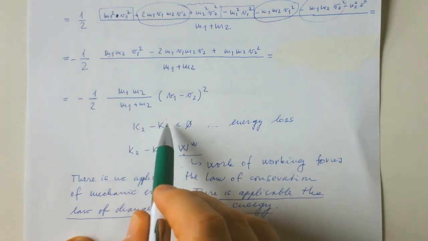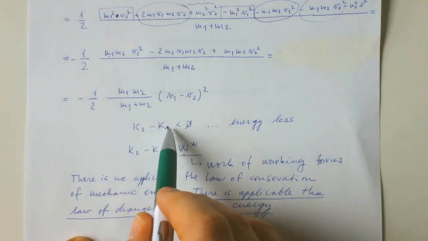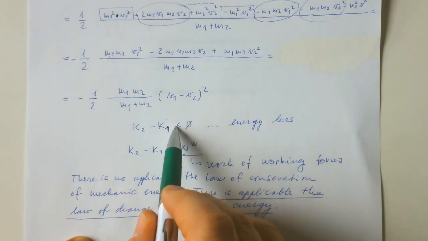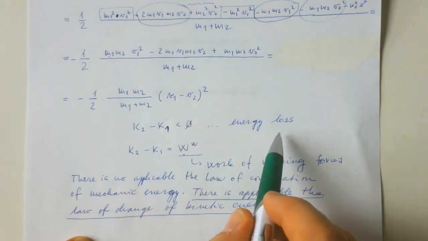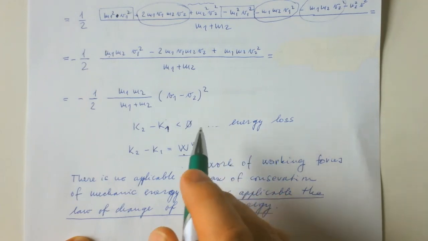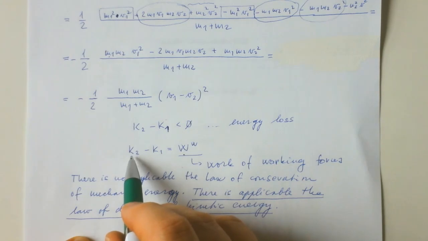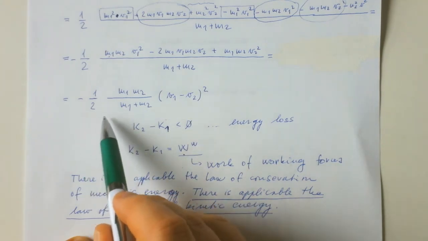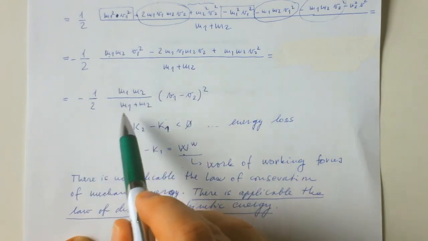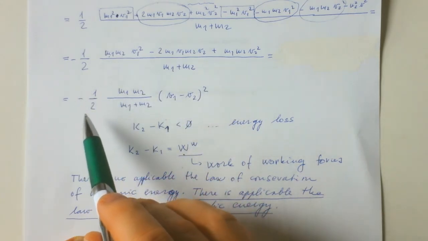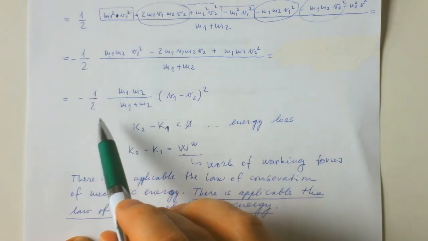So finally we got that the difference of energy after collision and before collision is negative, so we lose energy during collision. The system after collision has a lower kinetic energy than before collision. What happened with this amount of energy, where did it disappear?